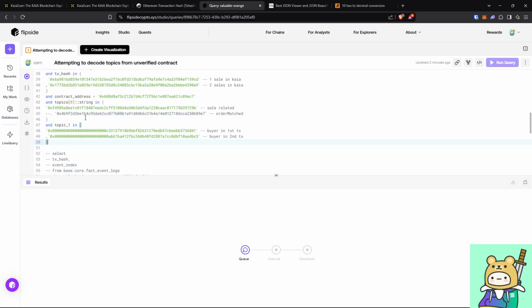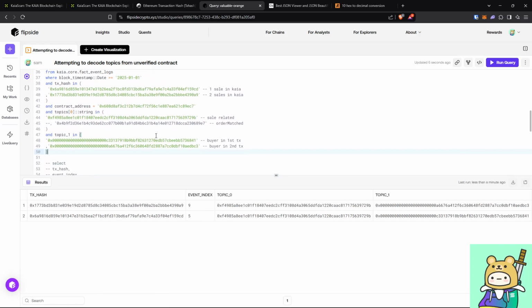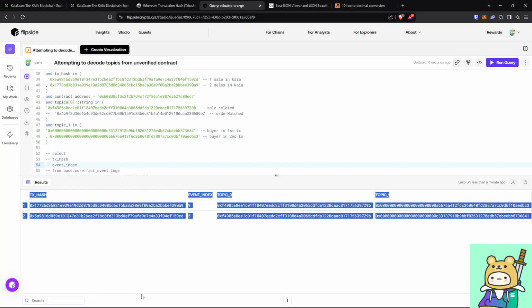So obviously not a good filter to use in your final query, but for the purpose of being able to decode the data, this is what we have. Okay, and let's look at the data portion for the second transaction. This one, the first line.